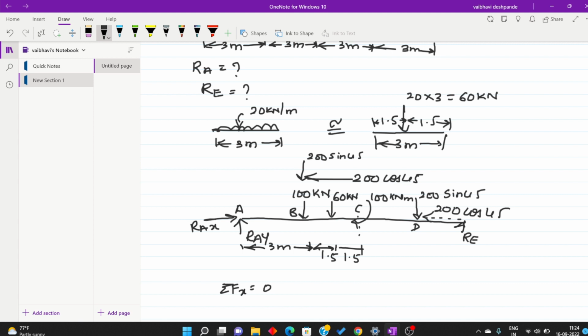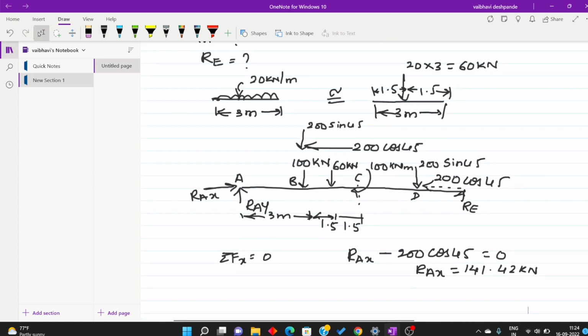So summing horizontal forces, RAX is positive, then minus 200 cos 45 equal to 0. Therefore, RAX equal to 200 cos 45, which gives 141.42 kilonewton. So we got the RAX value.